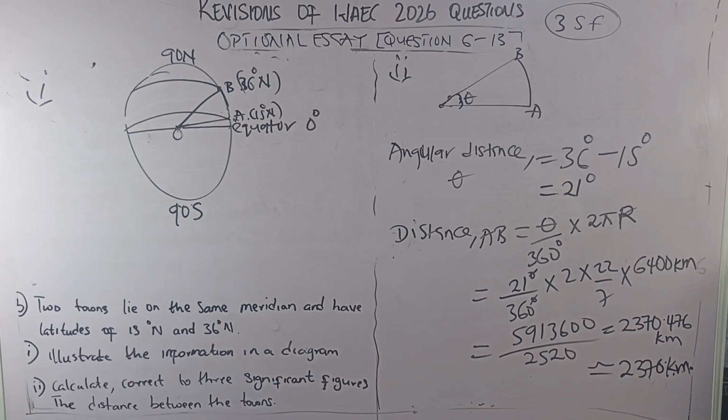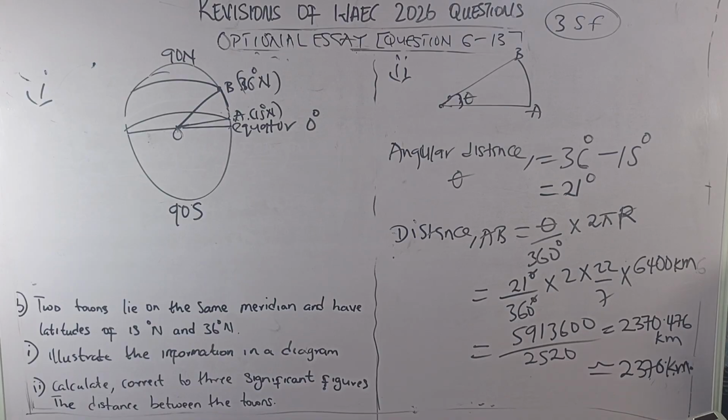36 minus 15 gives me 21. So I have 21 divided by 360, giving me this times 2 equal this times 22 over 7 equals this times 6,400 equal this.